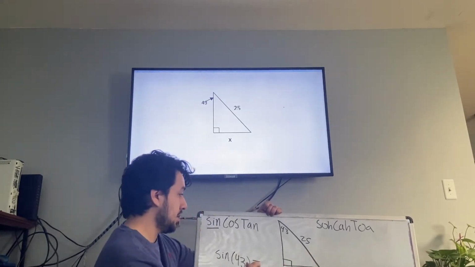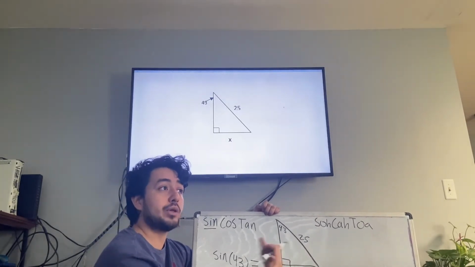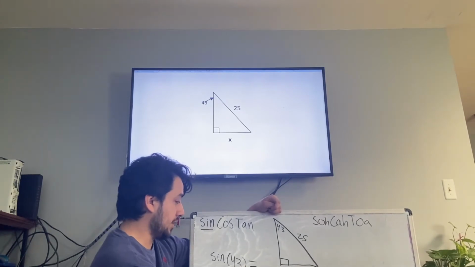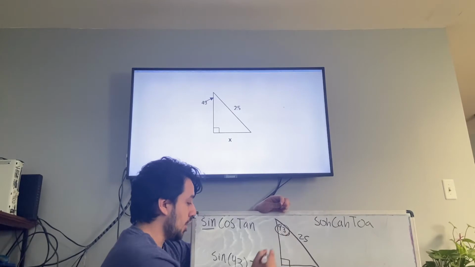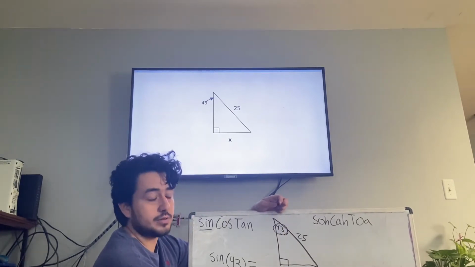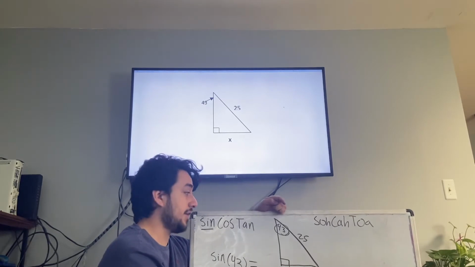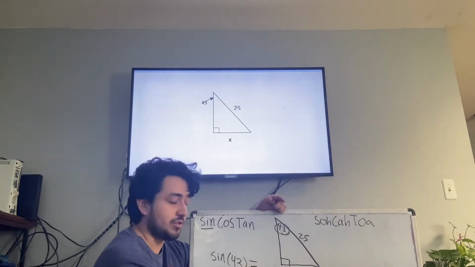Anyways, here we're going to use sine. Again, we'll explain further why we use sine later on in the video. We're going to use sine of 43. Remember, your degrees, which is 43, always goes in the parentheses. Always, always, always. When we're talking about regular trig, finding a side length, your angle is always going to go in the parentheses, okay?